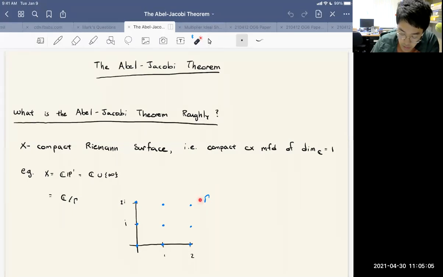This group will act on the vector space C. If you take the quotient, you'll see that this segment here in green gets identified with this segment here, and this segment gets identified with this segment up here. With this identification, C mod gamma becomes a torus. So this thing is homeomorphic to a torus.